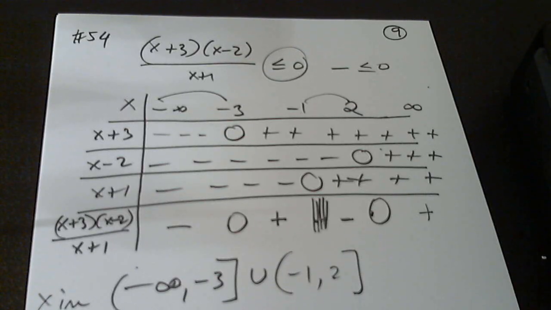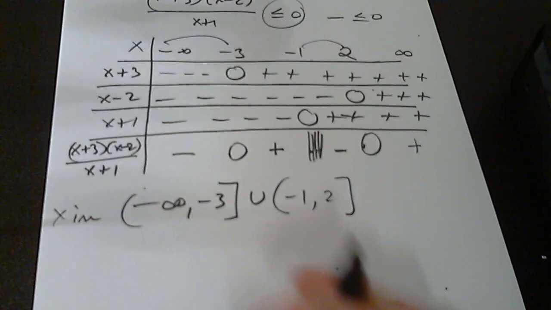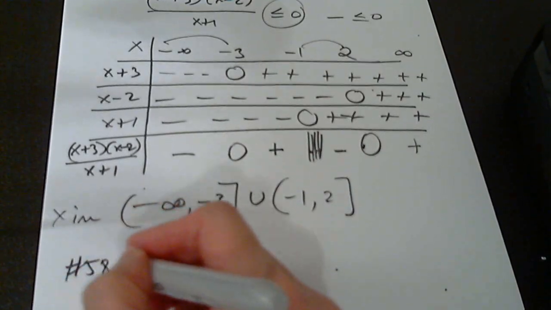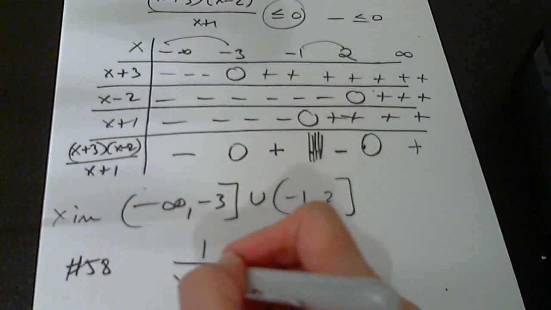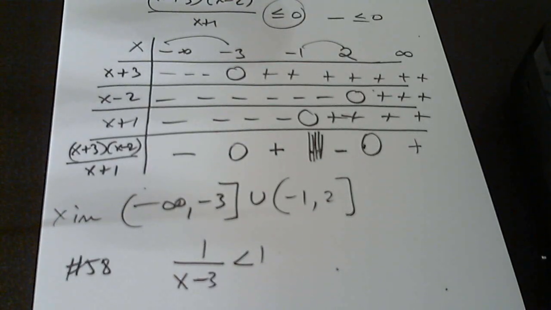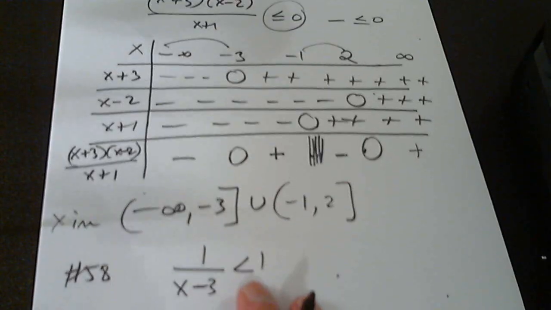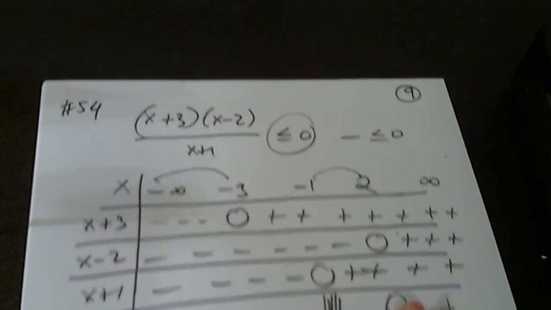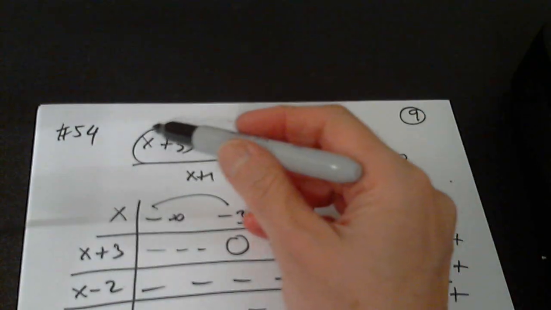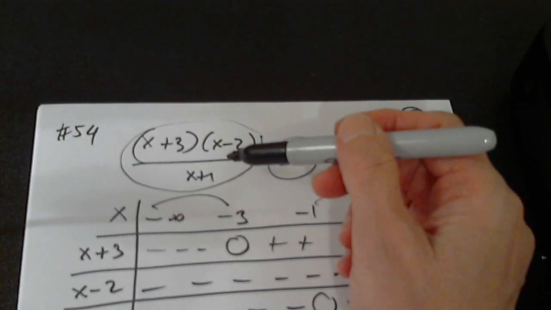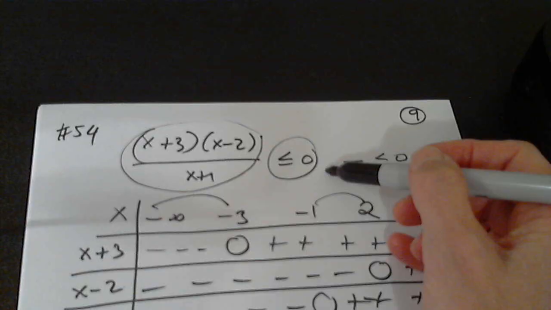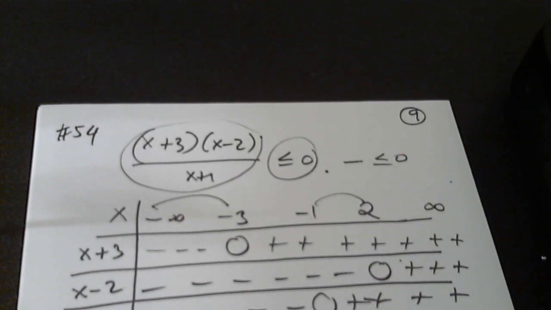Can we do 58? Yes. 58 has 1 over x minus 3 less than 1. The table cannot be used unless the left-hand side is completely factored, product or quotient, and the other side is 0, because we're comparing only signs.